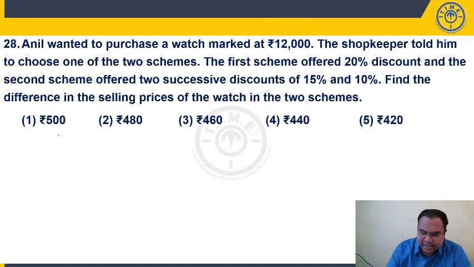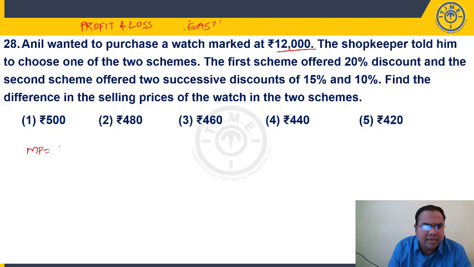18th question. This is based on a concept of profit and loss. I am saying this is easy question. All individual questions are easy only, students. Anil wanted to purchase a watch marked at 12,000 rupees. Marked price of the watch is 12,000 rupees. Shopkeeper told him to choose one of the two schemes.